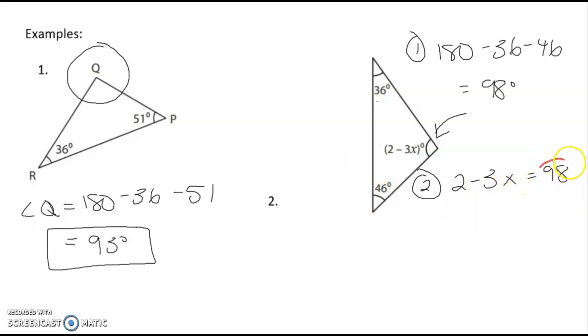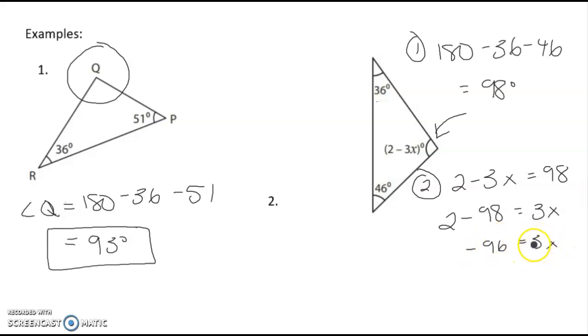So this 98, we can move to the other side, making it negative 98. And we'll take this negative 3x, moving it over to make it a positive 3x. So we're just collecting like terms. So we're going to have 2 minus 98 equals positive 3x. 2 minus 98 equals negative 96 equals 3x.